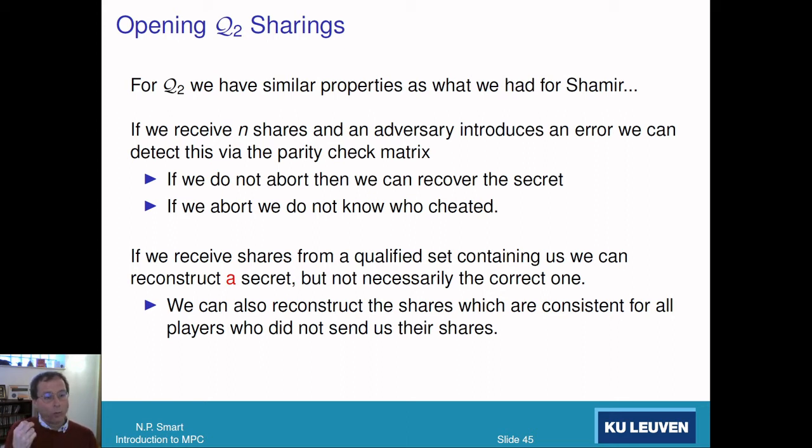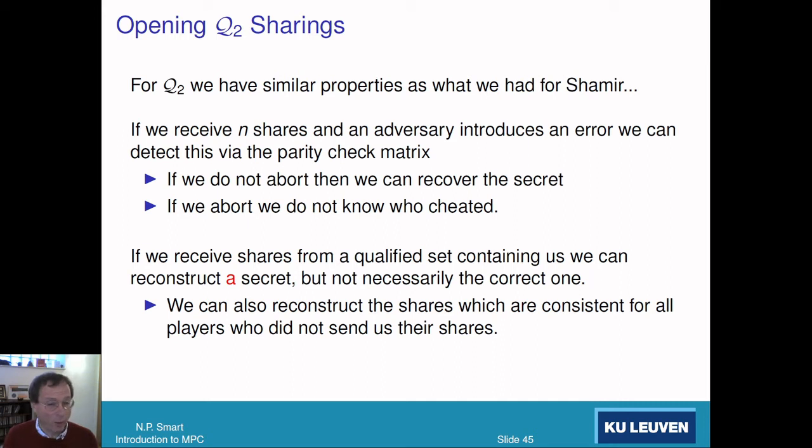Now the issue is, suppose we didn't receive the shares from everybody, but only received them from a qualified set. So in that previous example, suppose I'm party 1 and I just received the shares from party 4, because we want to reduce the amount of communication going on. So I don't know whether party 4's cheated.